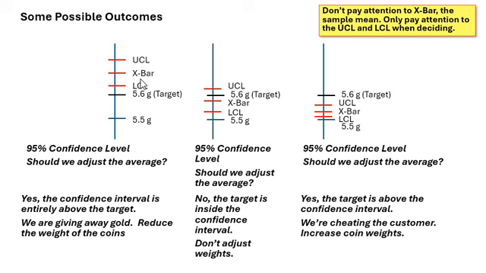Even if your x bar is inside of the confidence interval, that just represents your sample, meaning your 95% confidence interval doesn't include your target. The weight here is in grams. So you have to be very careful when you make a decision about what you're looking at.